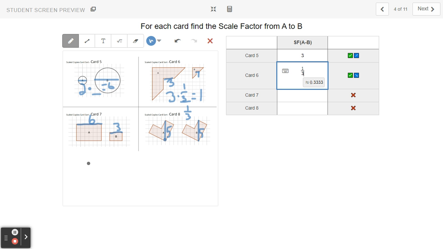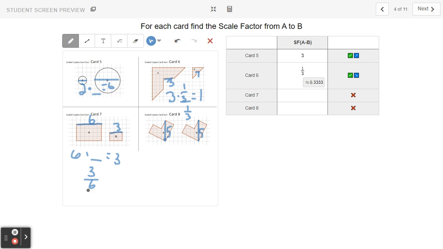Okay, now card 7. We're going from 6 to 3. So again, I'm thinking, 6 times what is 3? And again, it's not a whole number. A lot of people want to say 2, but then you have to think to yourself, well, 6 times 2 is 12. It's not 3. So I'm going to take my answer of 3 and divide it by the factor I know, which is 6.